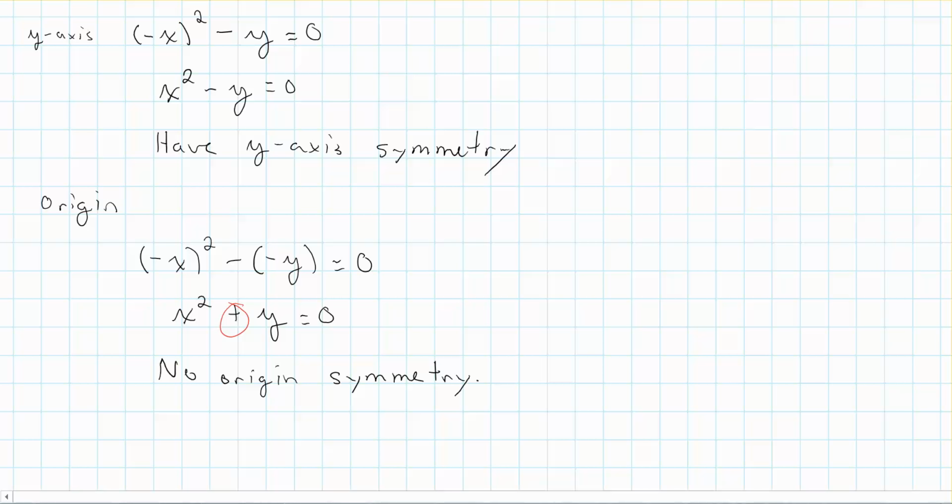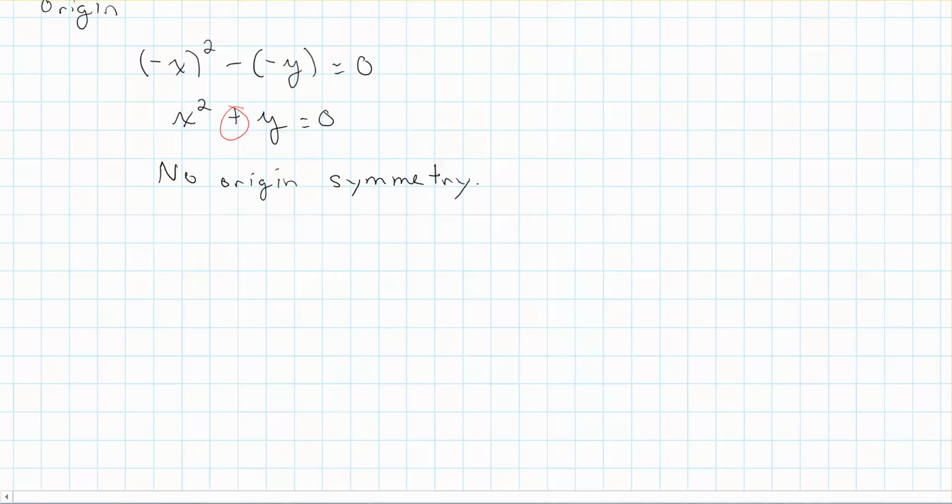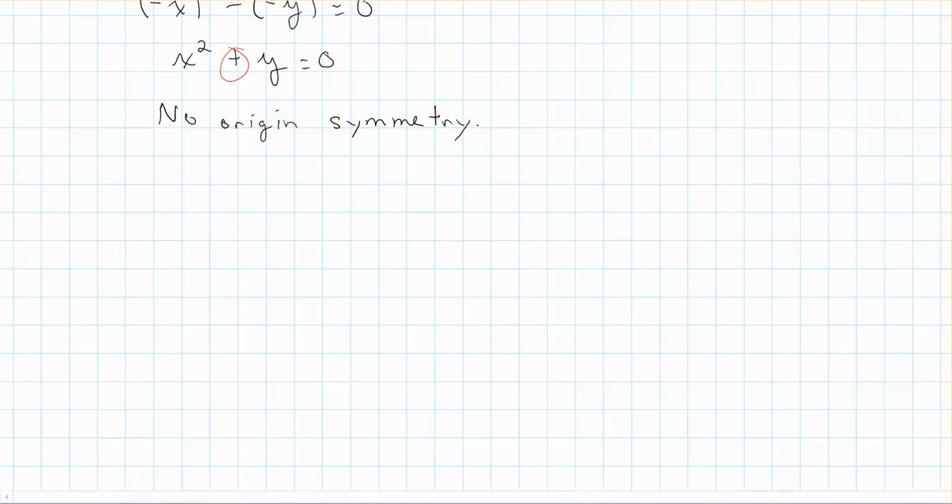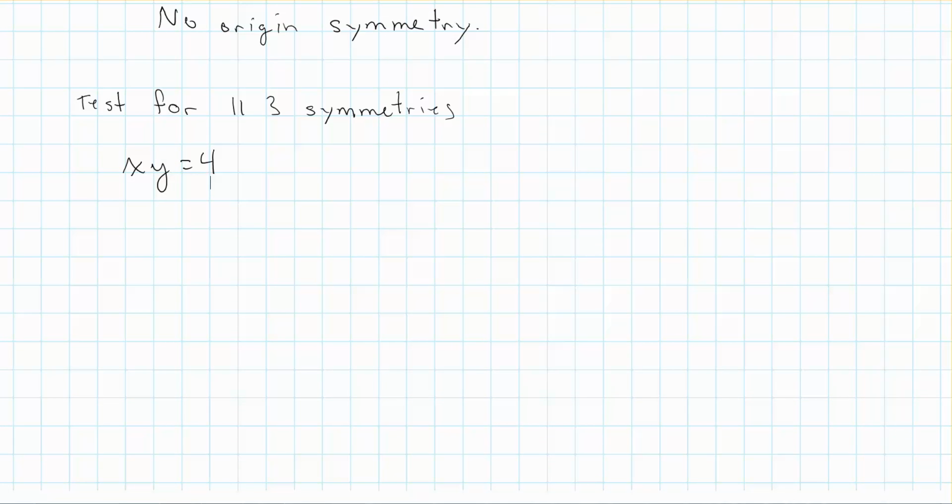All right, let's look at one more quick example here for symmetry, testing all the cases. So test for all three symmetries: xy equals 4. All right, so we're going to test for all of the symmetries here.